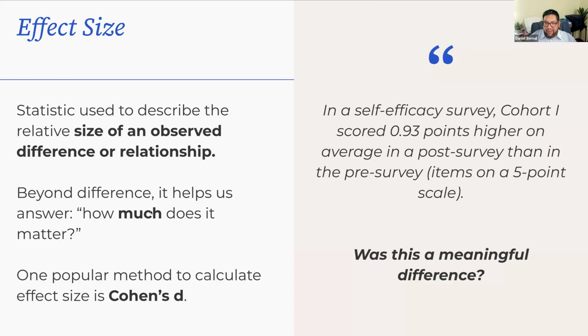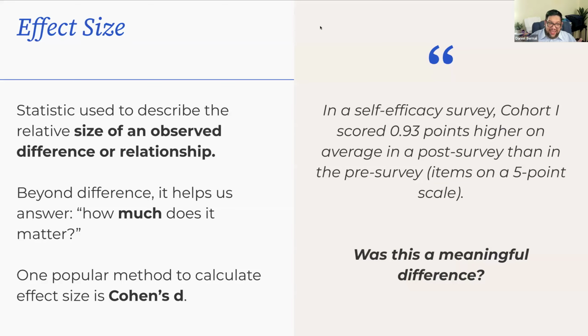So in this example that I'm sharing, let's say that you had a survey, one cohort scored 0.93 points higher on average in the post survey than in the pre survey, and it was a 5 point scale. So what does that difference tell you? Is that meaningful?